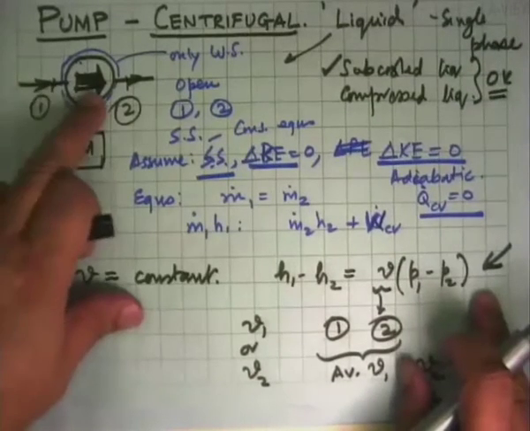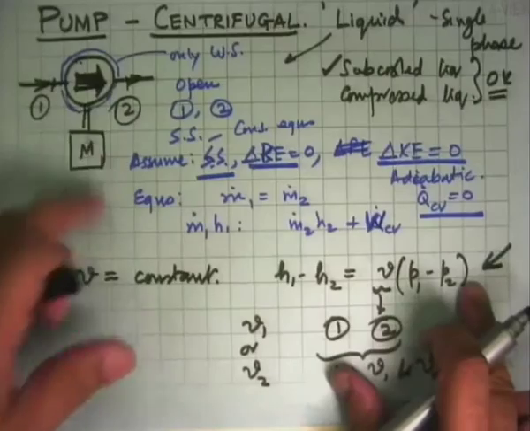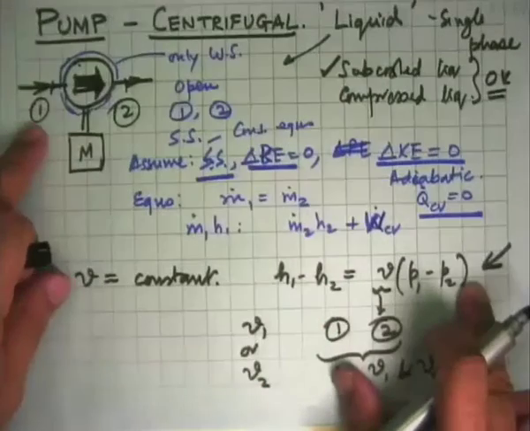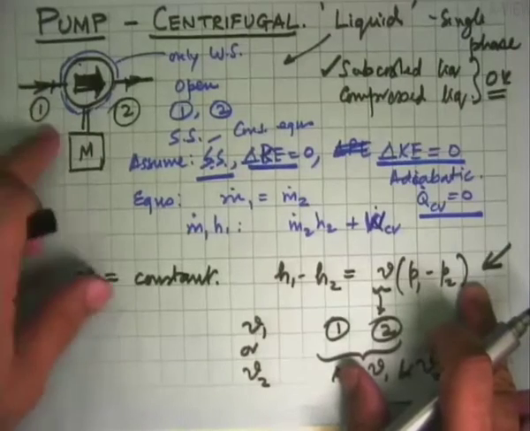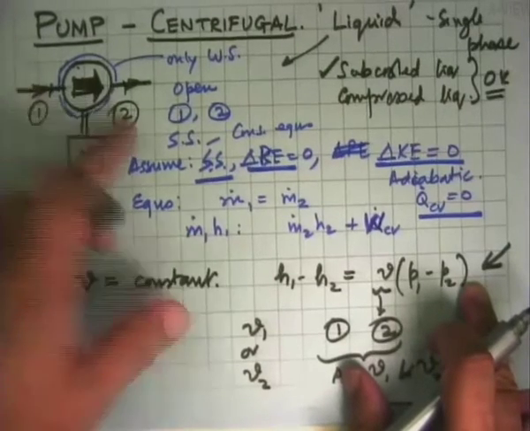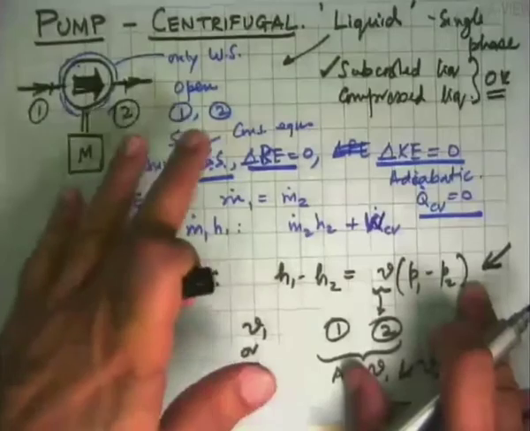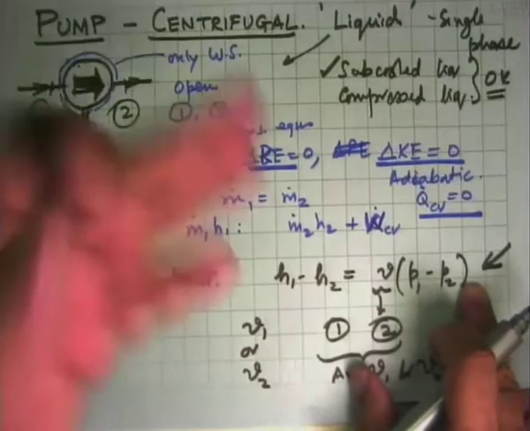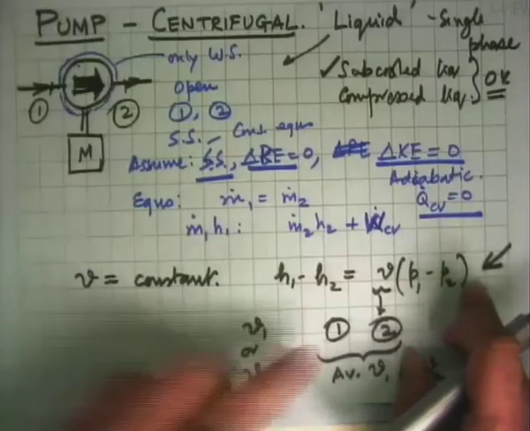Fortunately, when you compress it, it becomes more of a compressed substance. So as long as the inlet state is a compressed liquid, or in some cases a saturated liquid, the moment you compress it, it will become a compressed liquid. So if the inlet state is a compressed liquid, then we are safe that throughout it will be a compressed liquid and our assumptions are fine. That's something to check.